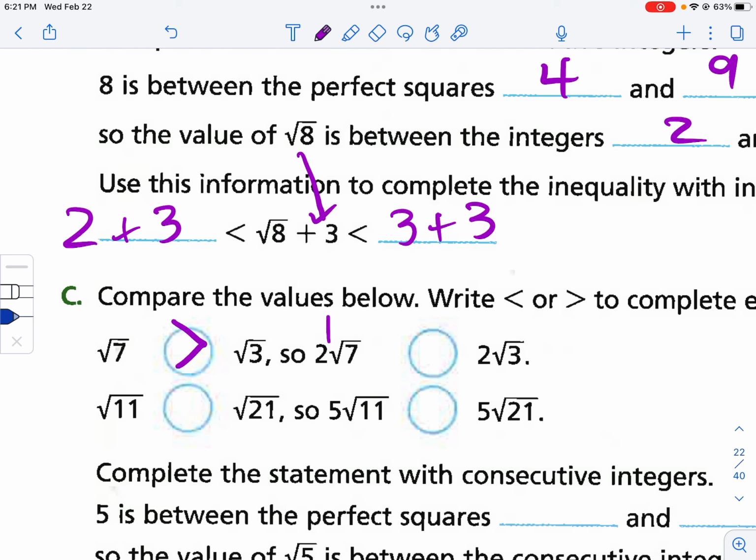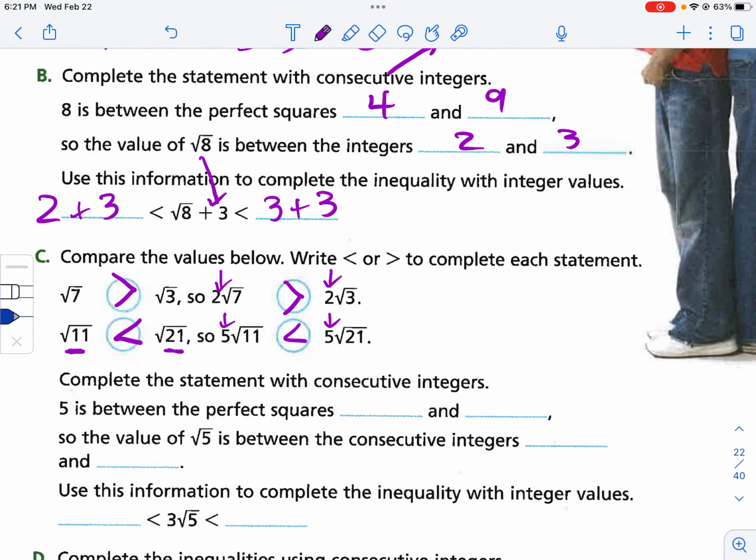So if all I've done is multiply by 2 on both sides, that means that this is going to be greater than that. Square root of 11 is going to be smaller than the square root of 21. All we've done is multiply by 5. So this is still going to be smaller than.